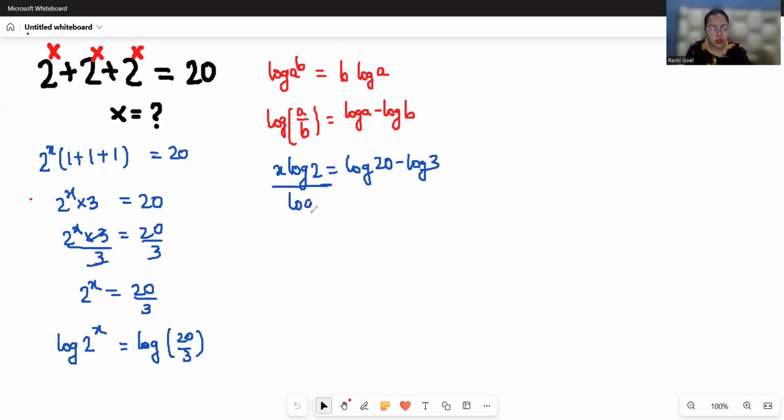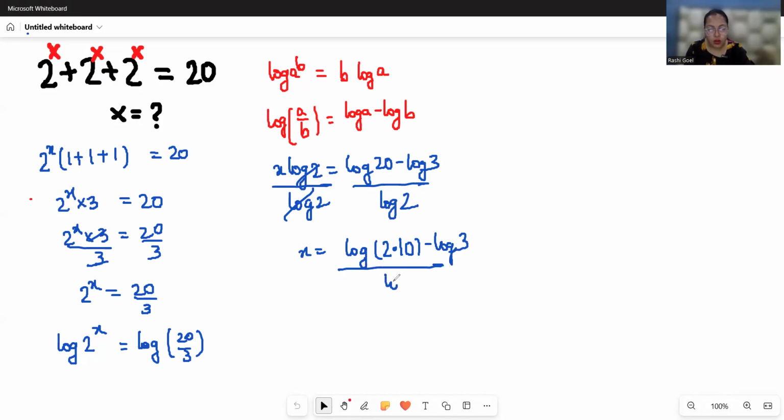Now if I divide both sides by log 2, so x equal log 20, we can write it as 2 times 10, minus log 3, by log 2. Now as per log rule, log a times b we can write it as log a plus log b.